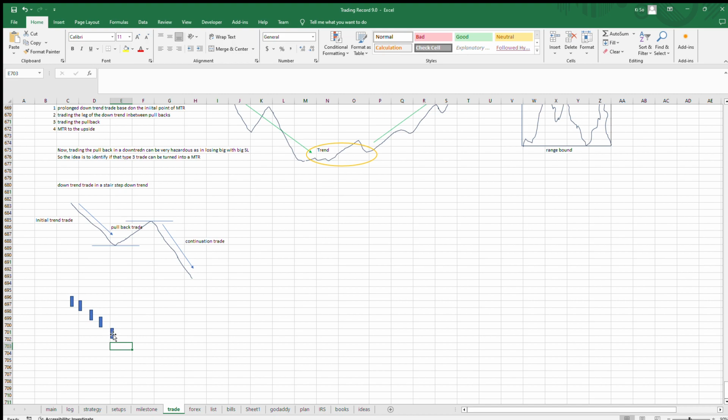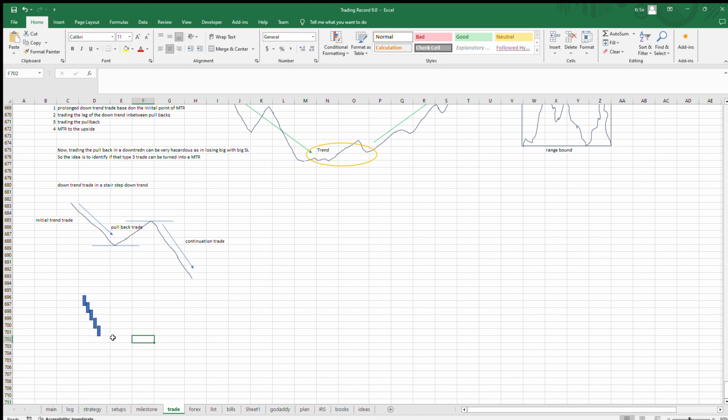So I would get in just like here, just like that. Right here and right there. So that would be represented by this line right there. So I would get in anywhere here, I would think, right?